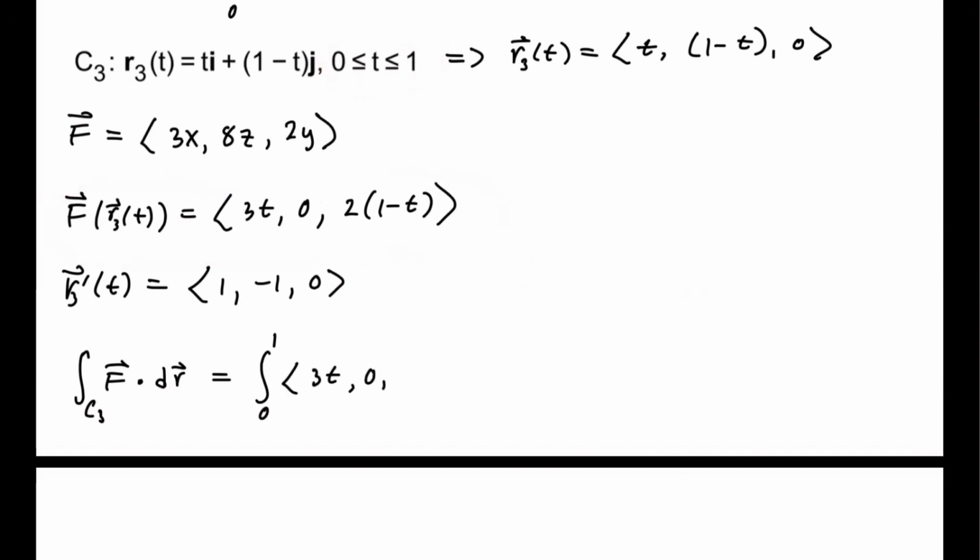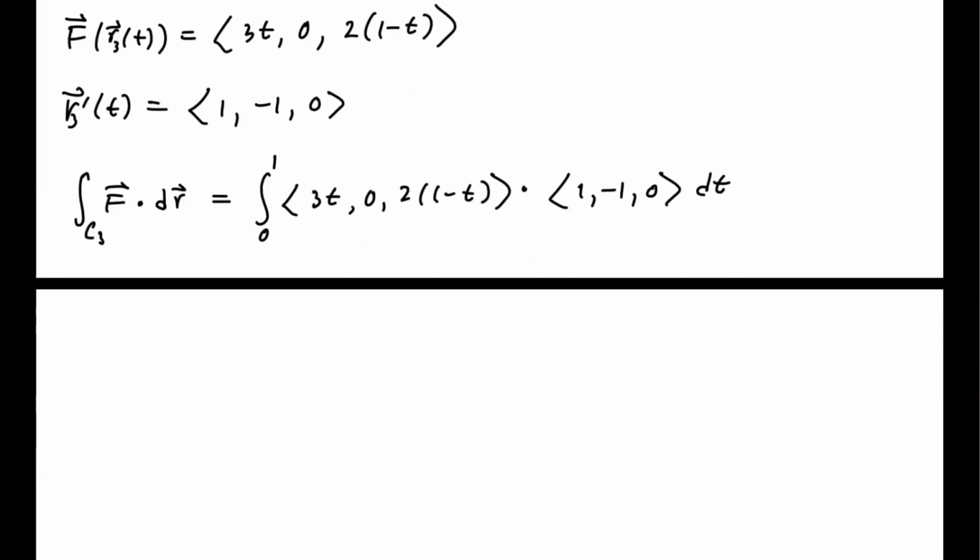This is (3t, 0, 2 times 1 minus t) dotted with r prime, that's (1, negative 1, 0) dt. The dot product is also pretty straightforward for this path. We have the integral from 0 to 1 of 3t times 1, that's 3t, and then 0 times negative 1 is 0, and 2 times 1 minus t times 0 disappears too. So we're only integrating that.